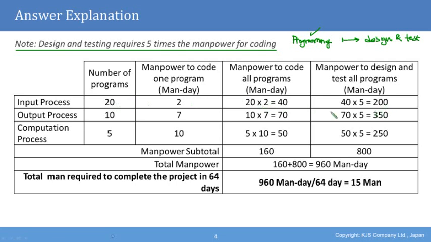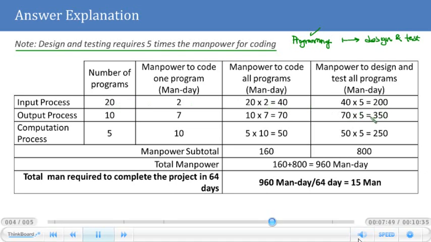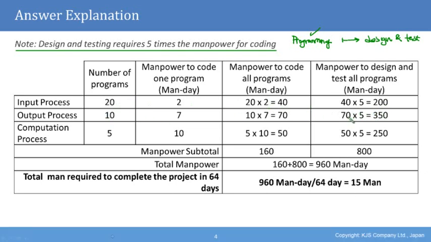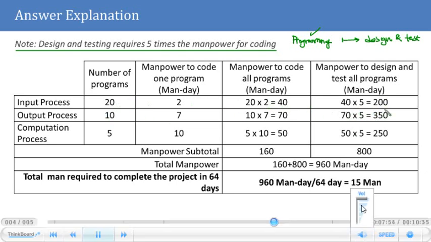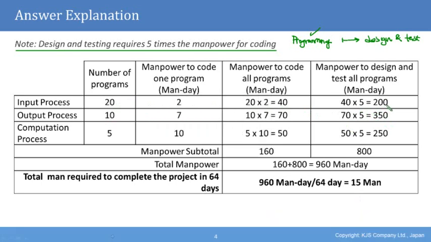And you can repeat this calculation with every single process that you have in your system, and you find that it takes 200 to design and test the input process. It takes 350 to design and test the output process, and it takes 250 to design and test the computation process, which subtotals up to 800.